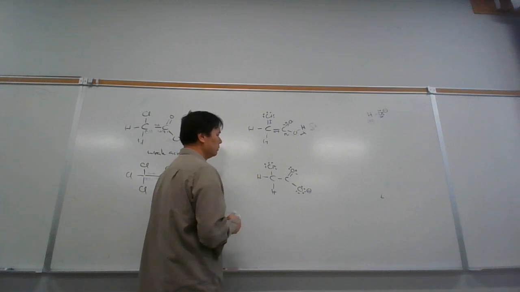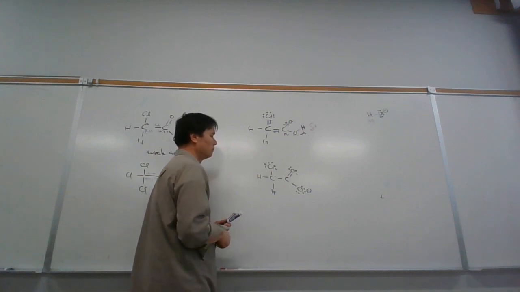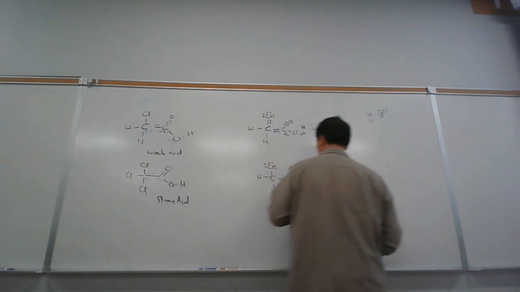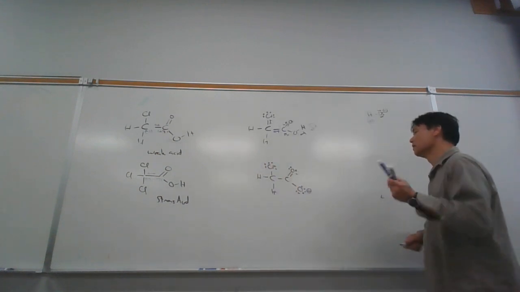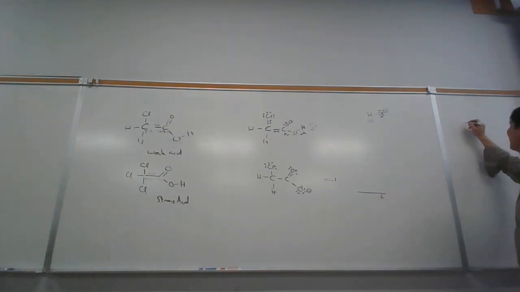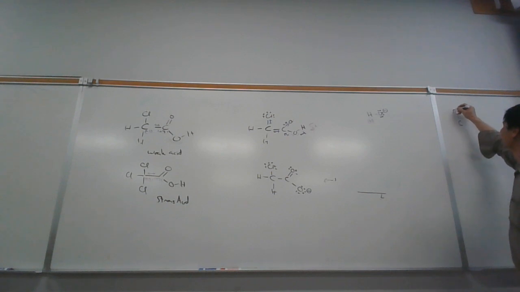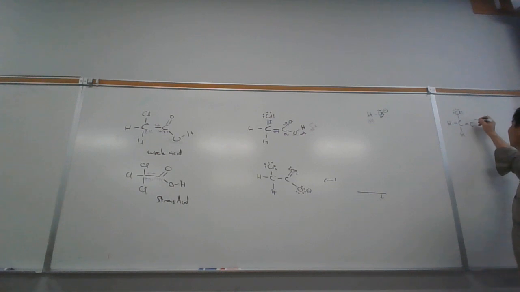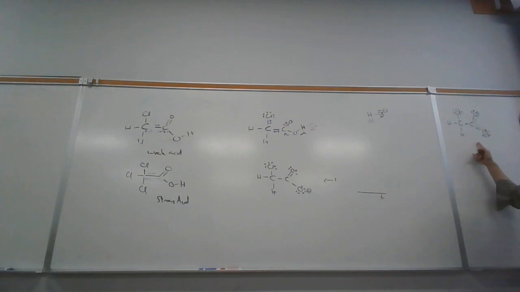Is the chlorine the terminal electronegative atom as well? In this case, it would be because we have one more resonance form for this, and then we look at the hybrid. The hybrid looks like this.